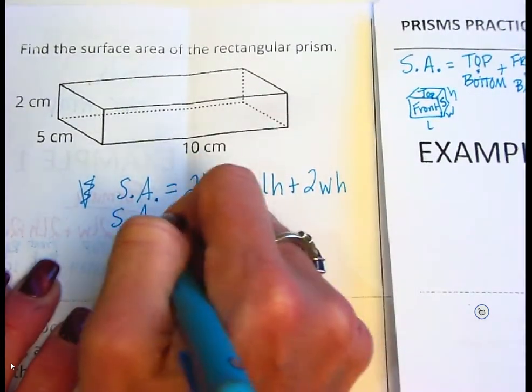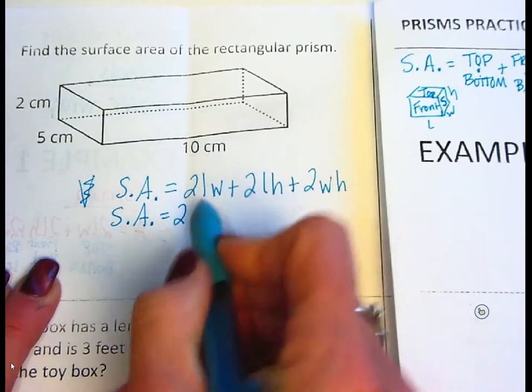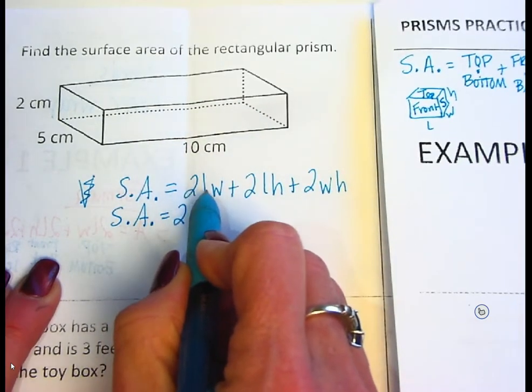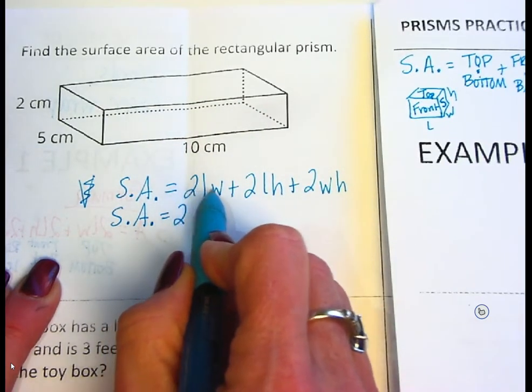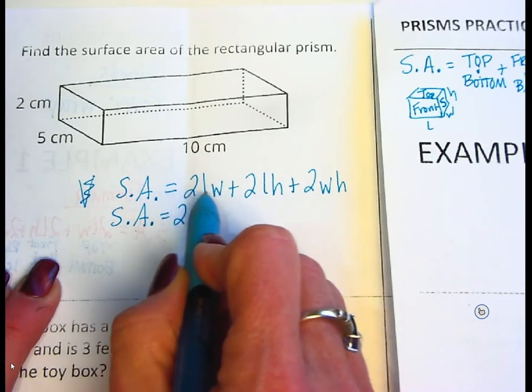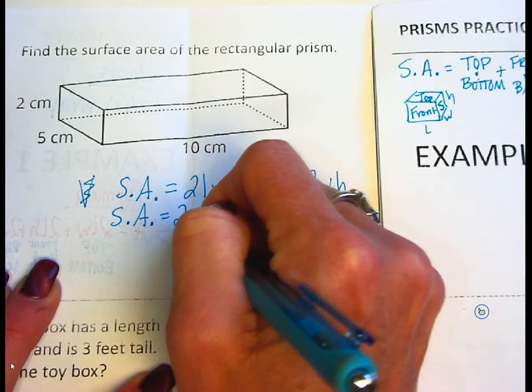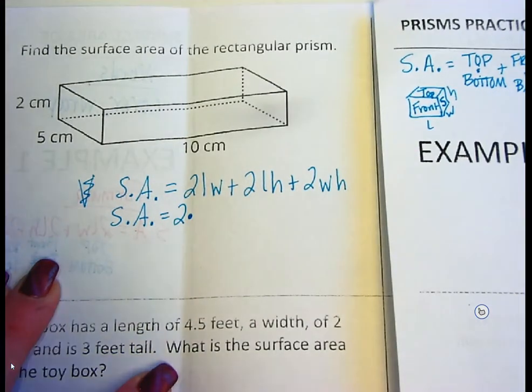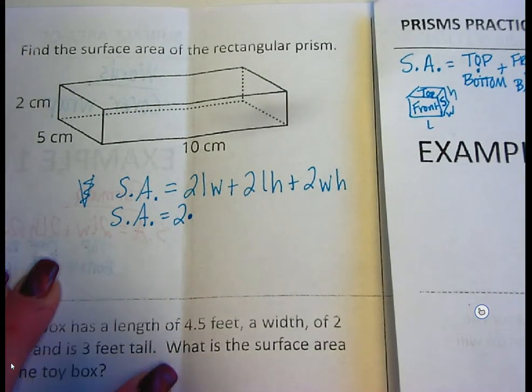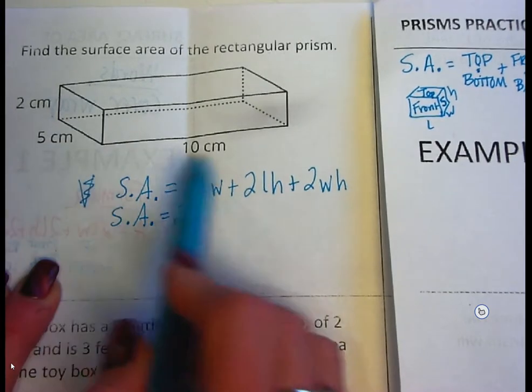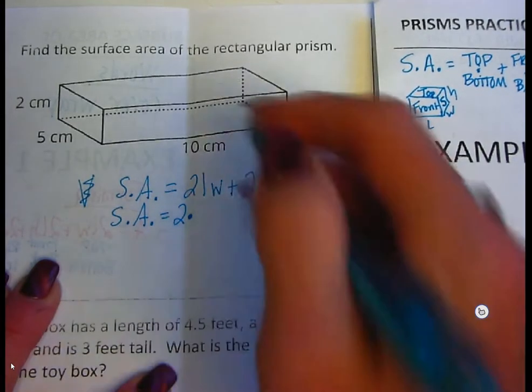Surface area equals 2. And when we have numbers and variables together like this, what operation am I using? I'm multiplying. So I'm going to use my dot, or you could use parentheses or the multiplication sign. I'm going to use a dot. And then what is the length of this shape? 10. I'm going to label it.